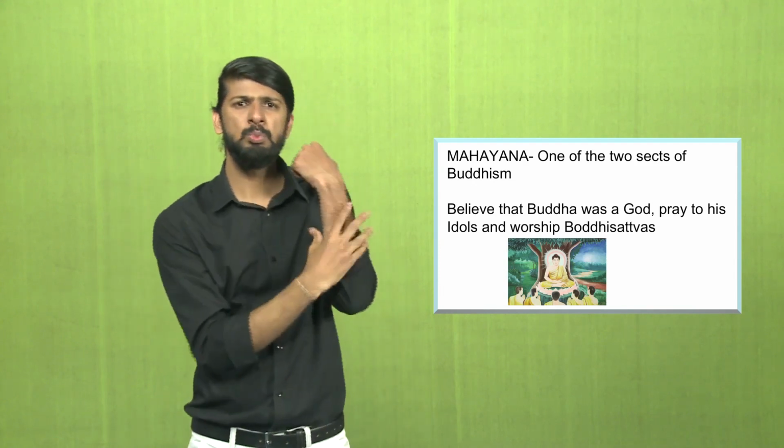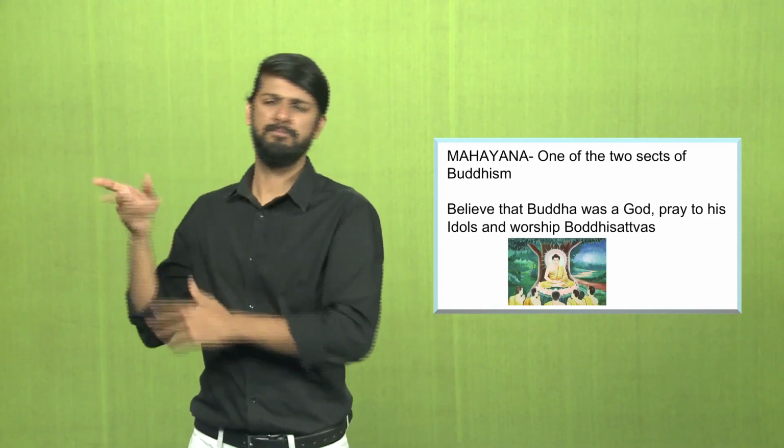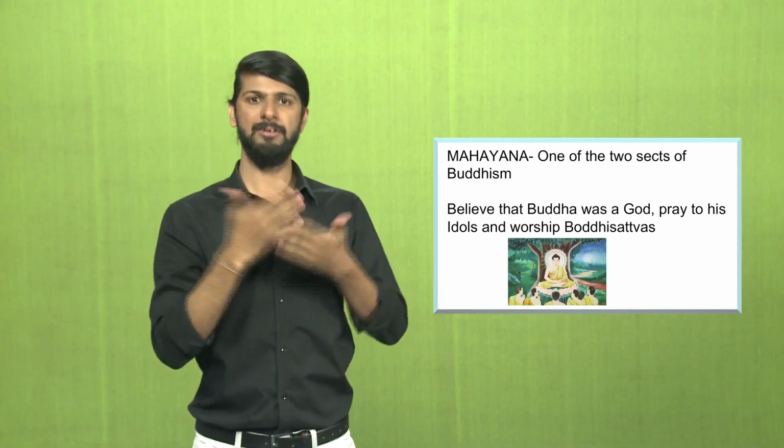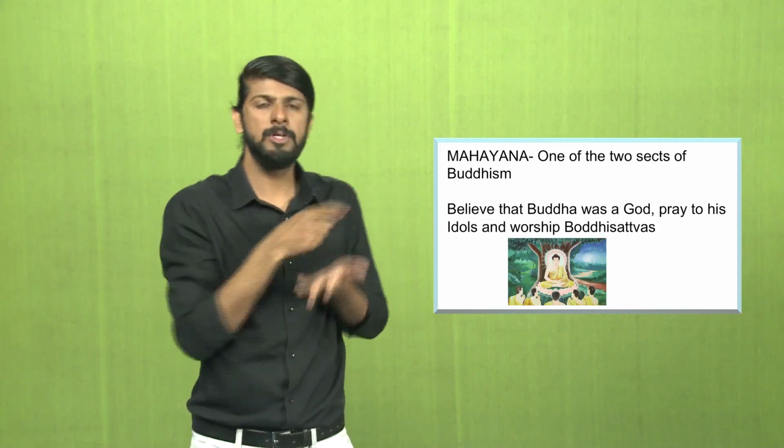The third point here is that the believers of this sect worship bodhisattvas. Bodhisattvas were enlightened beings who, like Siddhartha Gautama, who had left his life of luxury and royalty, travelled on the path of enlightenment. Bodhisattvas are similar beings who followed Lord Buddha's path, and Mahayana believers worship bodhisattvas as well. And this sect is known as Mahayana.